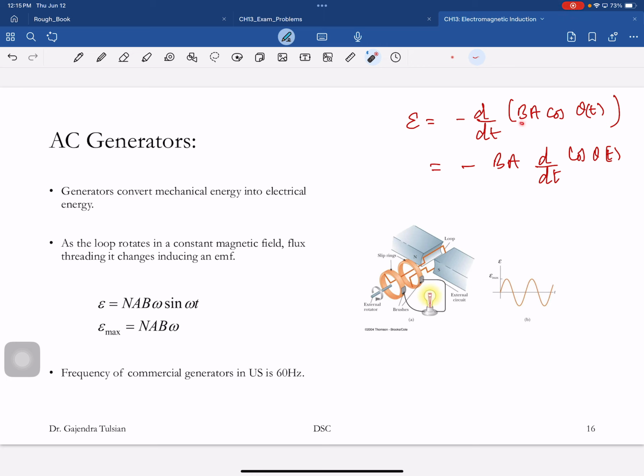And like I said, the technologically most convenient thing to do is change theta as a function of time. So here's a setup. If you have a wire like that, and the wires are connected to the rings, with brushes rubbing against the rings, the voltage that this load sees with this connection is an AC voltage like this.